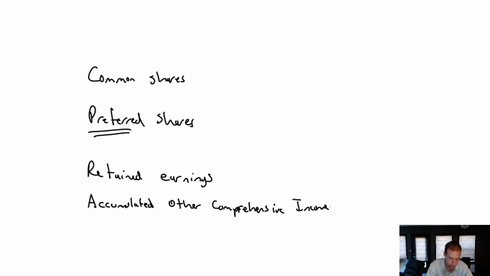It's a mouthful, first of all. I'll abbreviate this as AOCI from now on. Accumulated other comprehensive income is sort of like revenues or expenses, revenues or costs that accounting rules have dictated do not belong on the income statement. So they have a lot of the features of revenues or expenses, but they don't belong on the income statement.